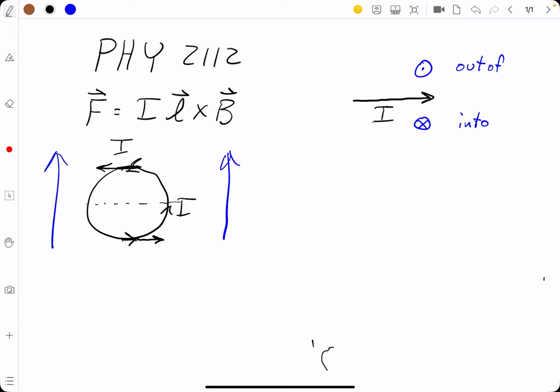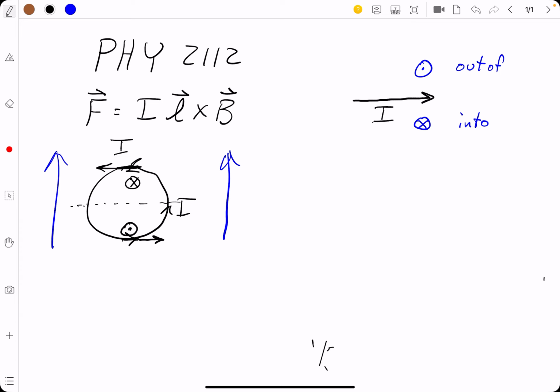So now you put your fingers along I, you cross it with B, and you notice that your force on the top is into the page. Then you do I at the bottom, put your fingers along I, curl them toward B, and your force is coming out of the page at the bottom. So what does that do for this thing?